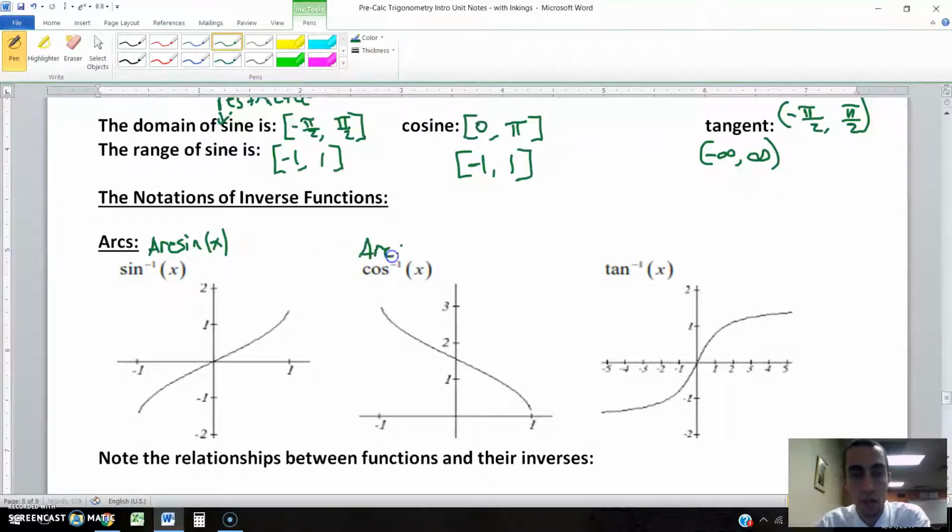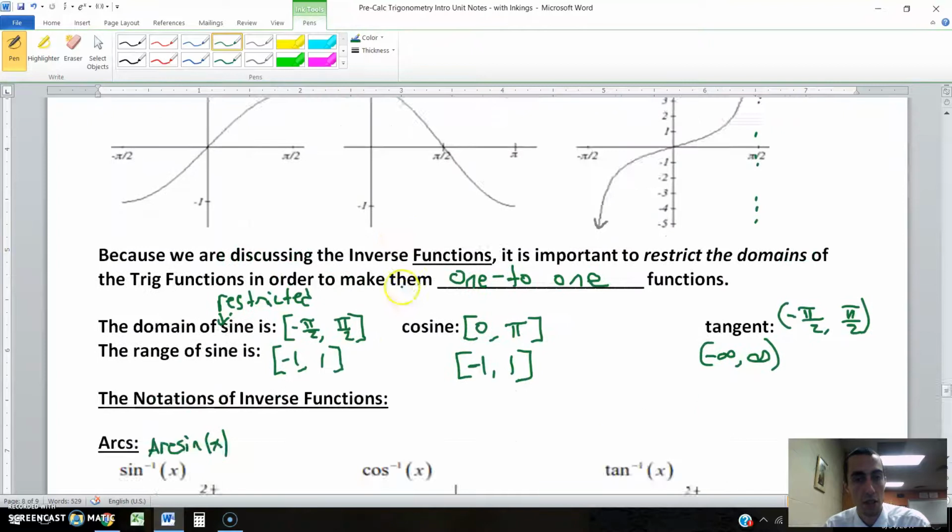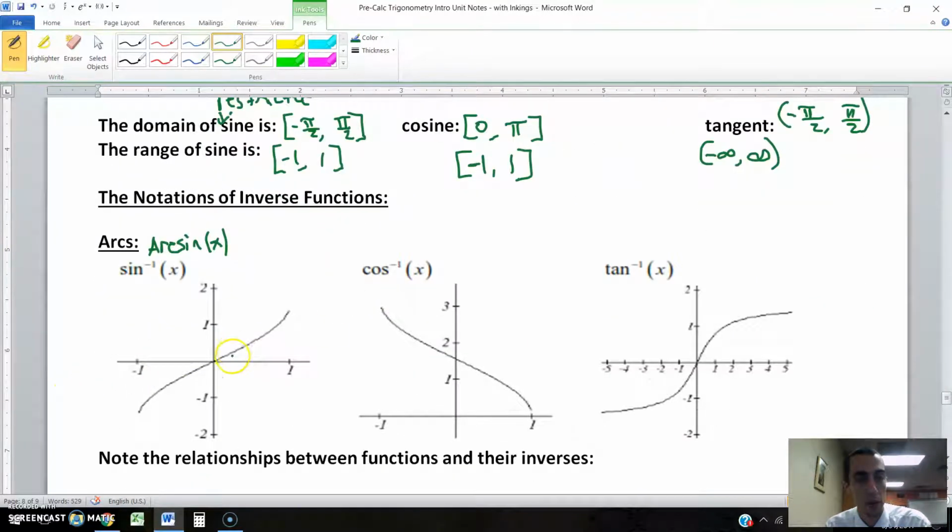Same thing for arc cosine and arc tangent. Now, comparing these graphs, you can see each has a little bit in common with the graph that it's mimicking, or that it's the inverse of.